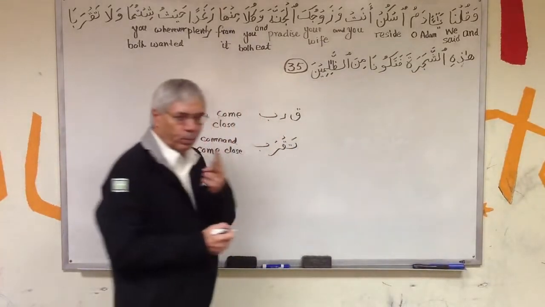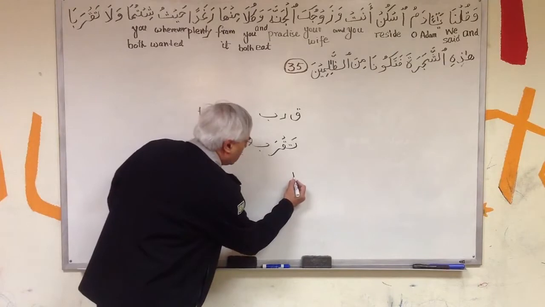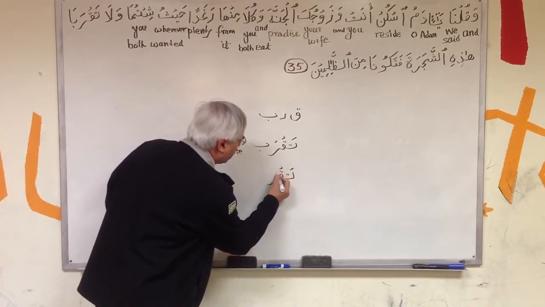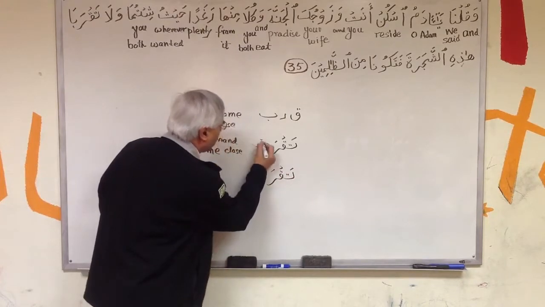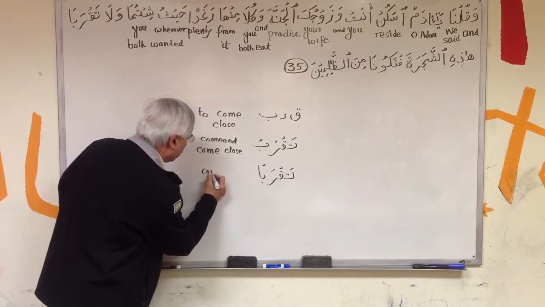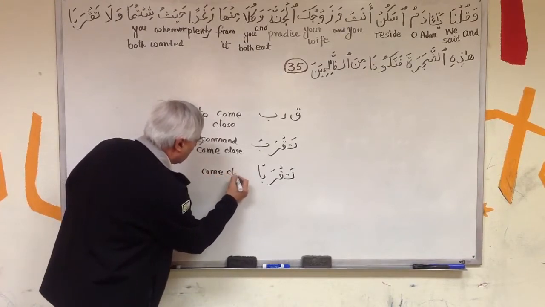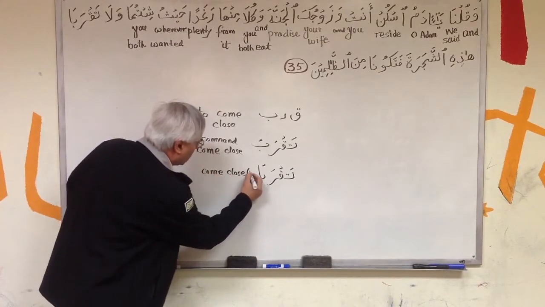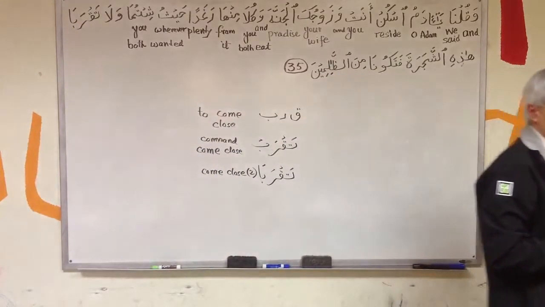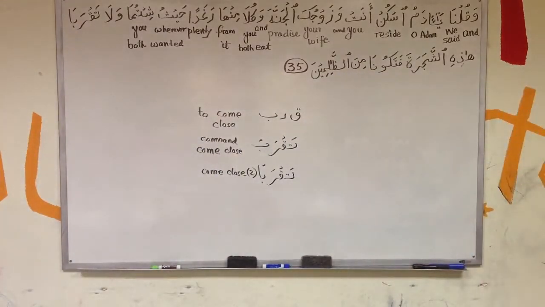If you have two people, then you will say taqraba, come close, two people. Talking to two people, just by putting an alif, it becomes a grammar of two.